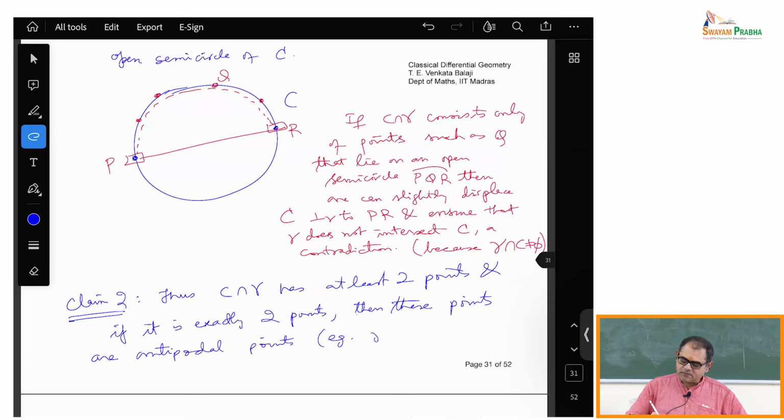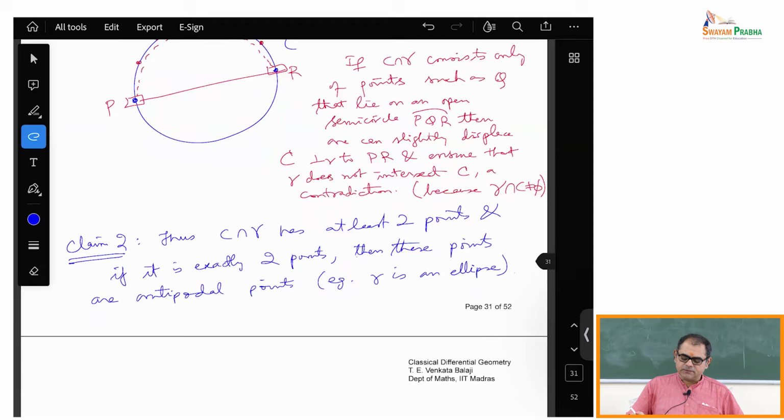Example is gamma is an ellipse. Okay, right.